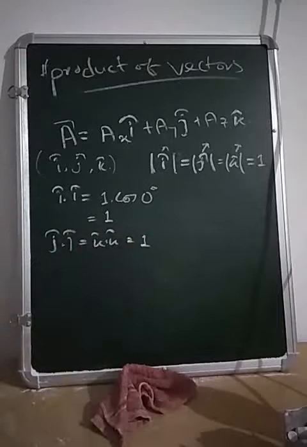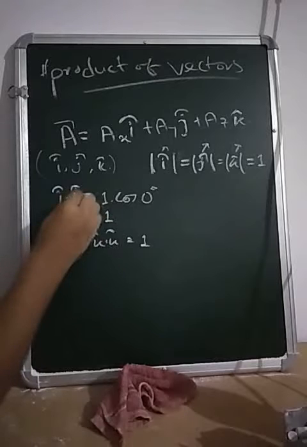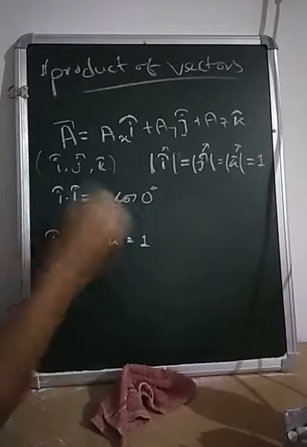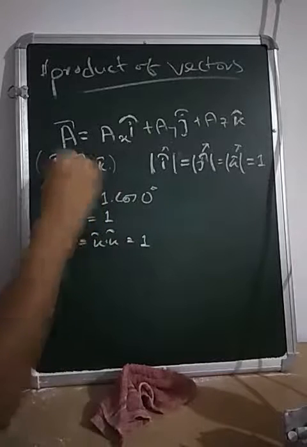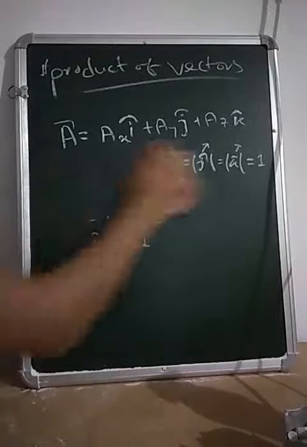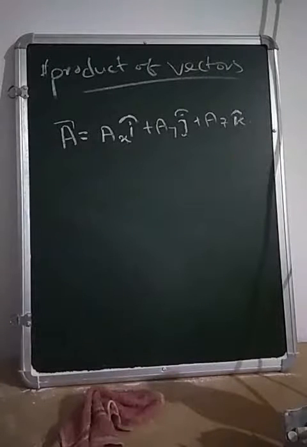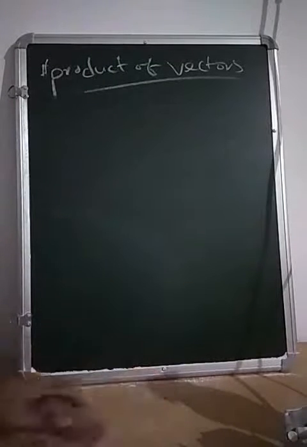So here we get that the dot product of two similar unit vectors is 1, and the dot product of two different unit vectors is 0. So this is the thing regarding dot product. Now we discuss how we perform the dot product.